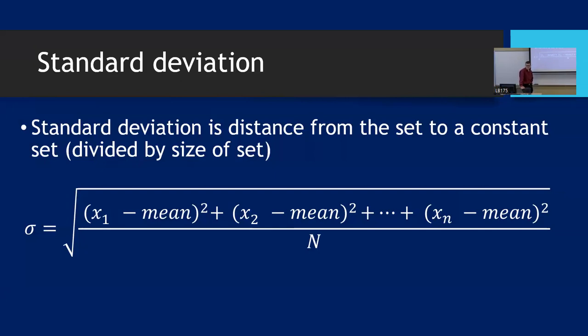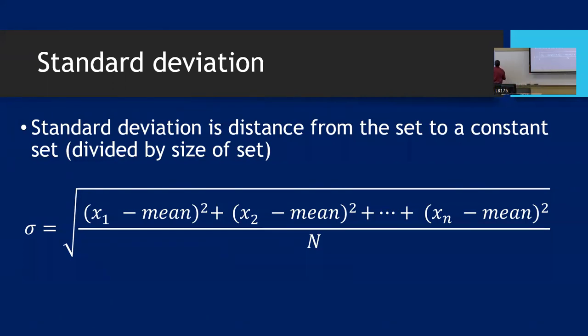All right. So the standard deviation is the distance from our set to a constant set. Again, and then it's normed by dividing by how many items are in our set.